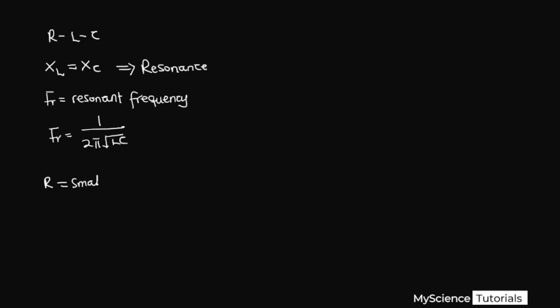Now, if we have resonance in our RLC series circuit and the resistance of the resistor is smaller than the inductive reactance or the capacitive reactance, if this is smaller than both XL and XC, another special condition occurs. That special condition, it is possible for us to have our inductive voltage, our VL, which we are calling the inductive voltage, and then our capacitive voltage.